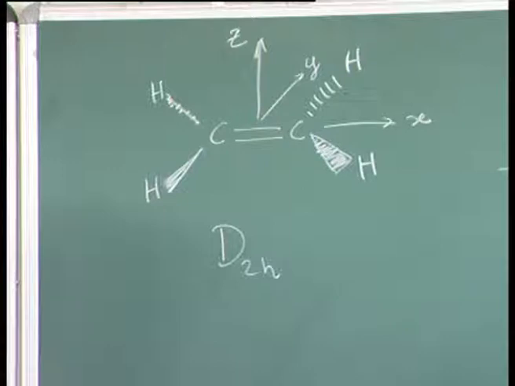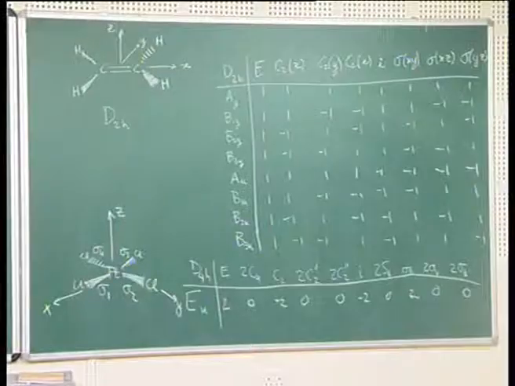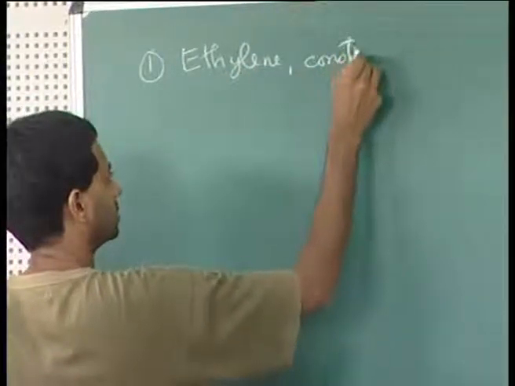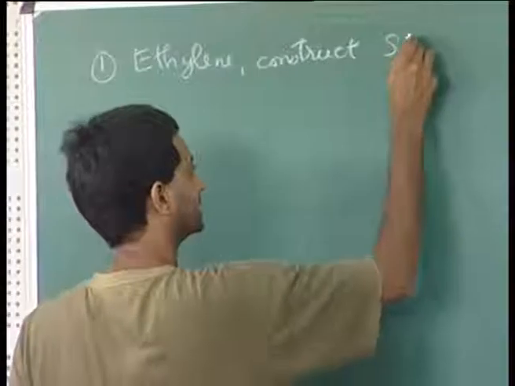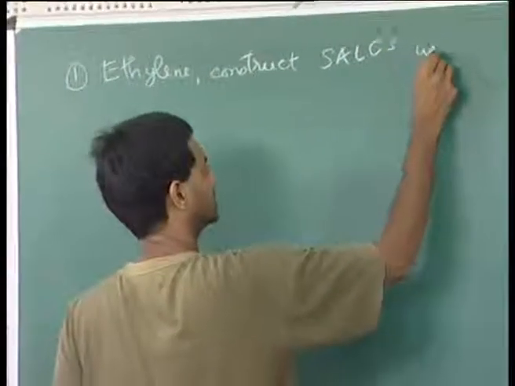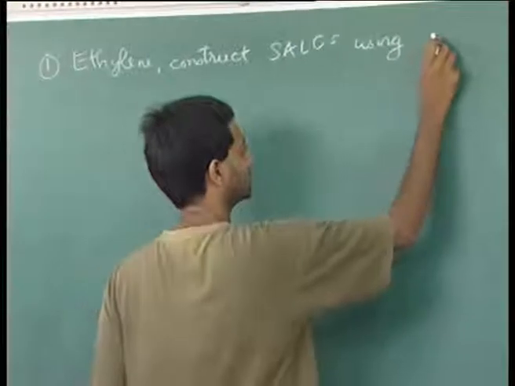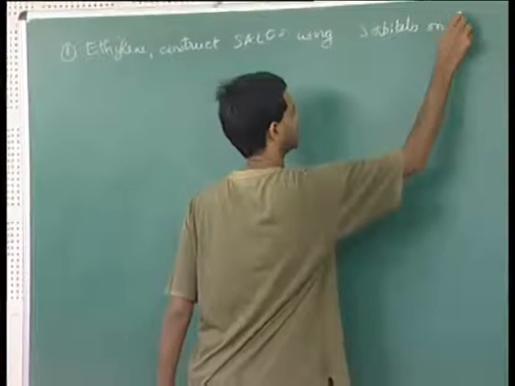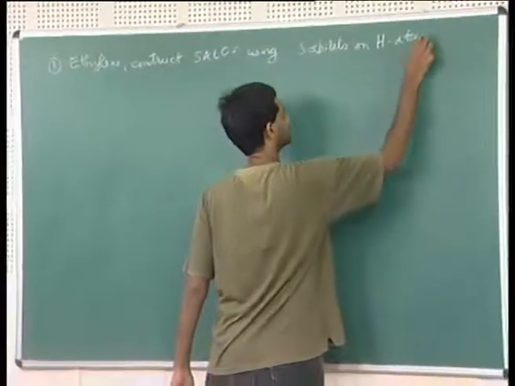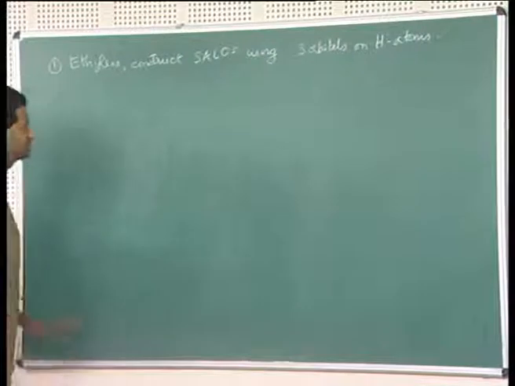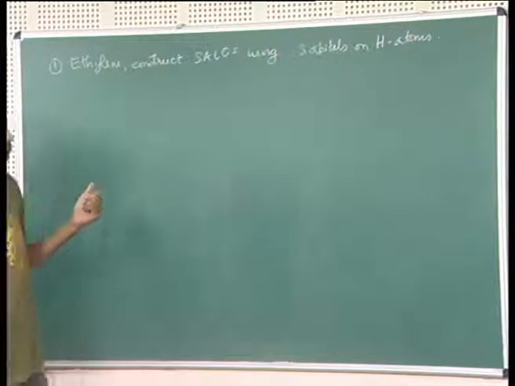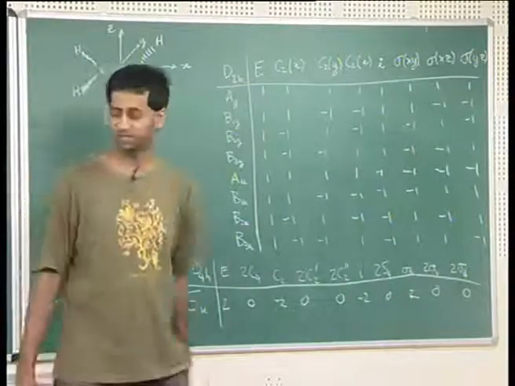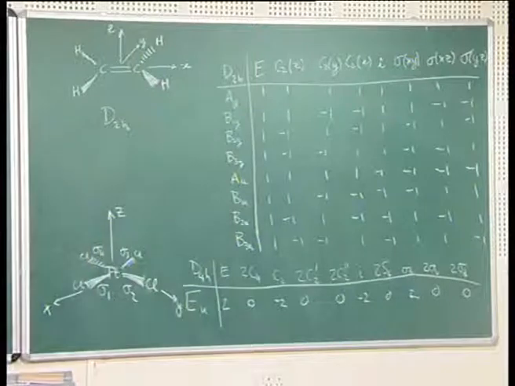In ethylene, construct SALCs using s orbitals on H atoms. Okay, so using the 4 s orbitals on the 4 hydrogen atoms, let us construct some symmetry adapted linear combinations.